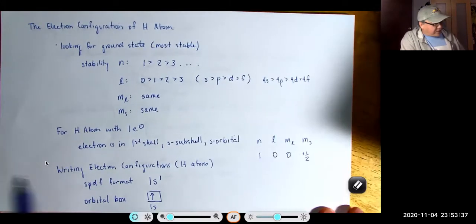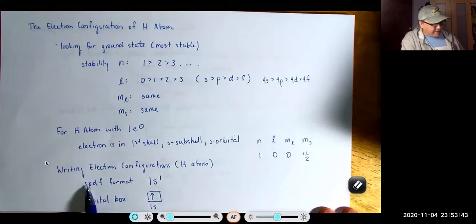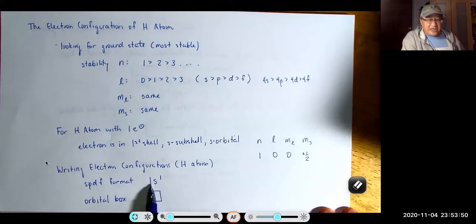Now, when we write the electron configuration of the hydrogen atom, here are two quick ways of doing this. This is called the spdf format, where you see this 1s1, and 1 here stands for the shell, s stands for the subshell, and this 1 says there's 1 electron in that subshell. Here, this is another way of doing it. It's called the orbital box diagram.